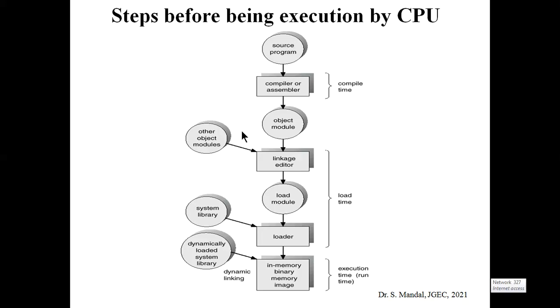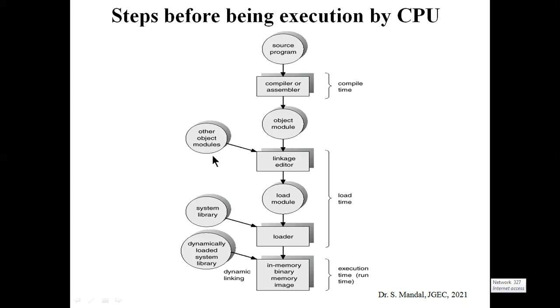object module. Okay. Now it is possible that in any program there may be other submodules. So we need to link those modules by using a linkage editor. By using the linkage editor, all the modules are converted into one formal or simple module, which we need to load next.